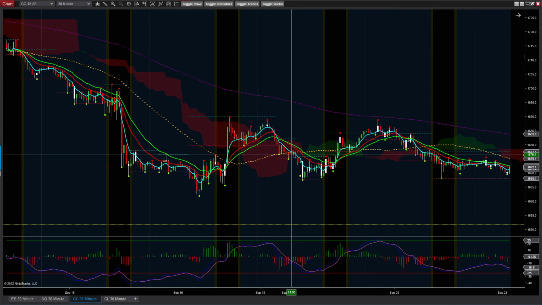So you have this move to the downside, then a move to the upside, and then a move to the downside, which doesn't show that fine. I'm going to just put a line there.